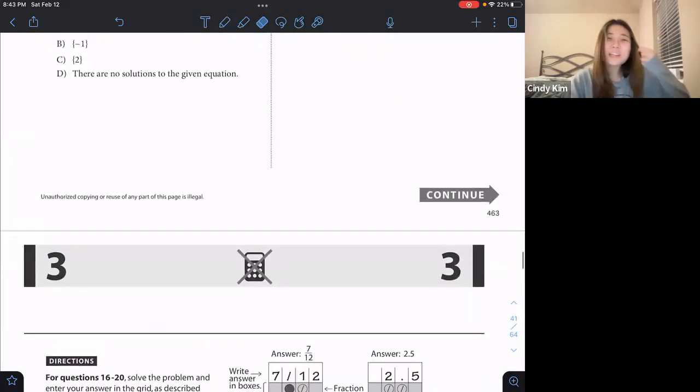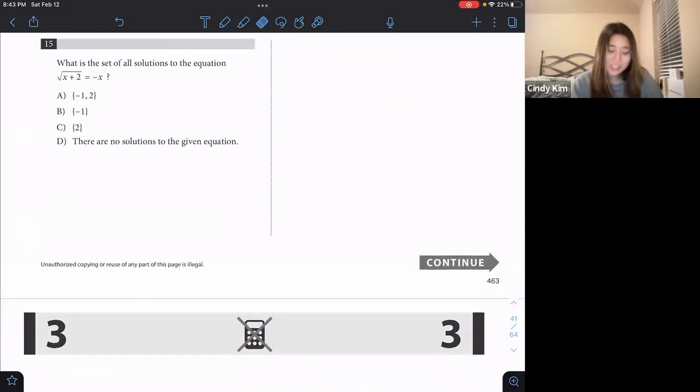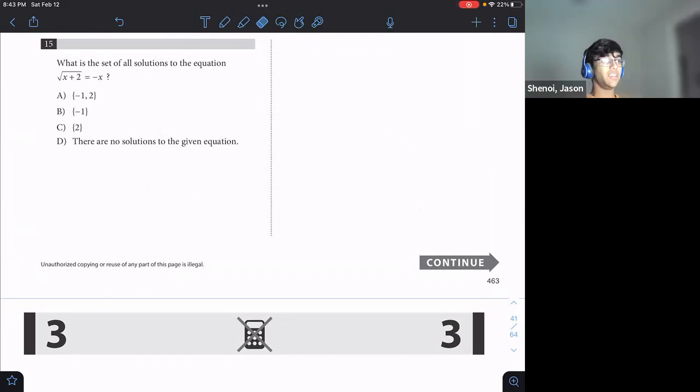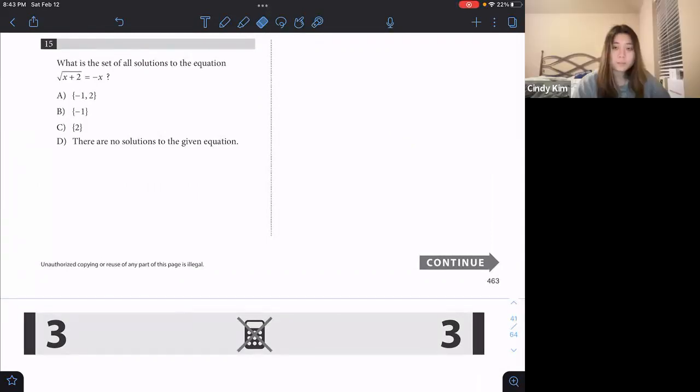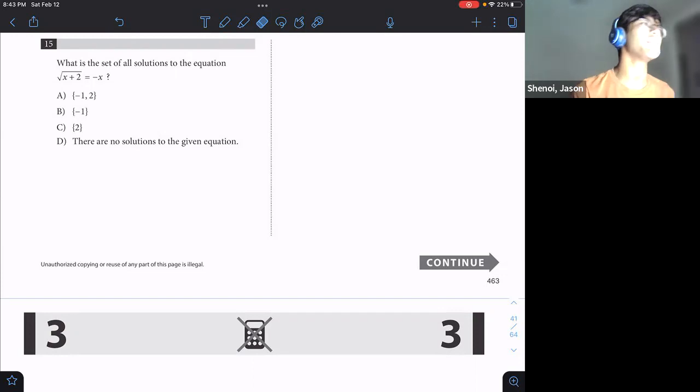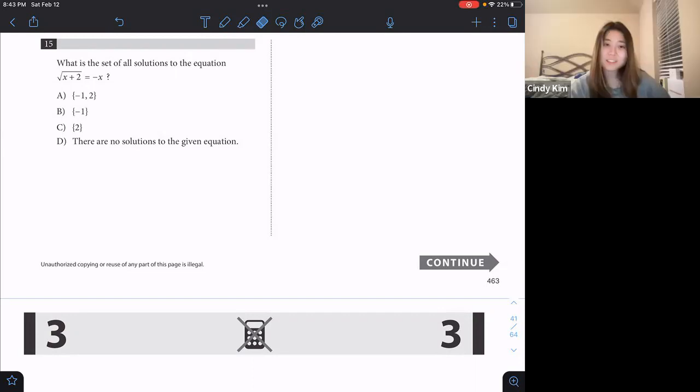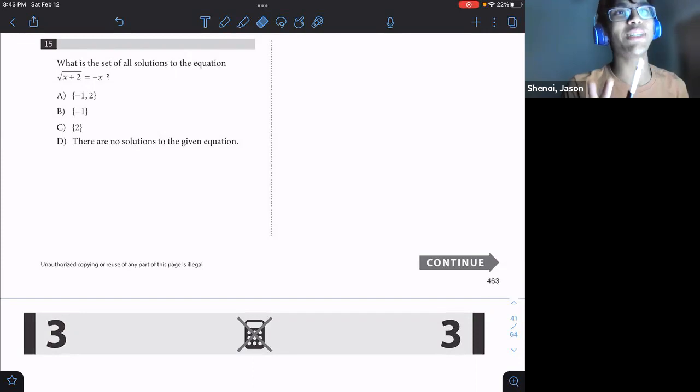Okay, what's the next one? I chose D on that one, but actually the answer was B. Yeah, the answer was B. Well, I guess because it's negative X. But I see why you put D. It would be the right answer if X wasn't a variable.